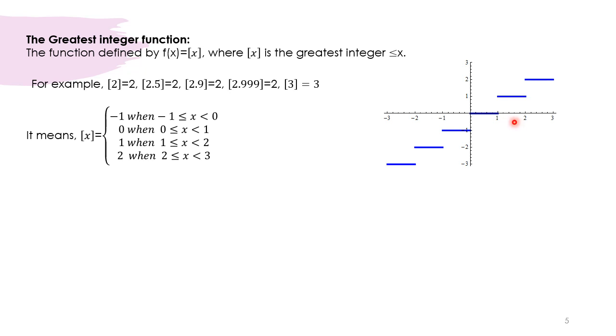Okay, and similarly whenever you get 1 less than or equal to x less than 2, so this. So in between, the fractional values, I mean the rational numbers, we are not considering. So that's why now you are getting jumps like this. So breaks in between. And as the graph says, this is not a continuous function.